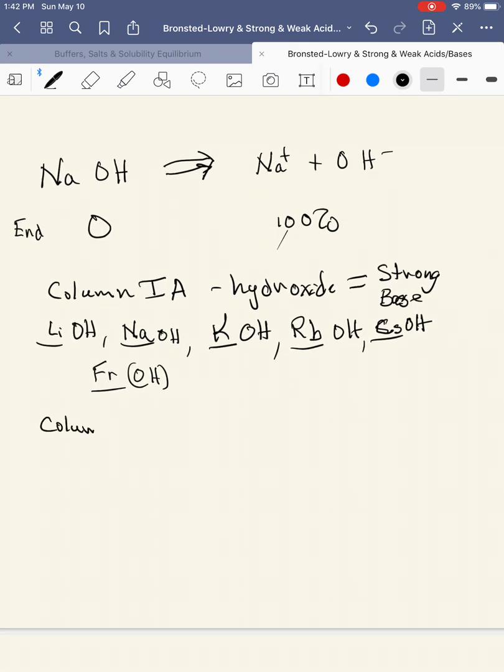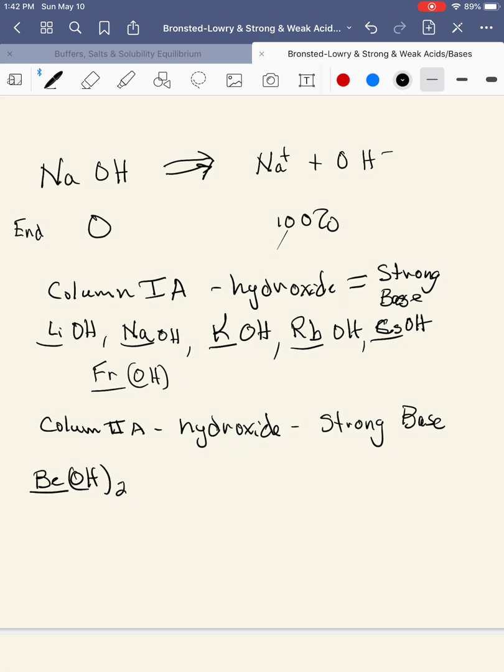Likewise, column 2A hydroxides are strong bases. So, Be(OH)2, beryllium's a column 2A, so that's a strong base. Magnesium, column 2, those would be a strong base. Magnesium hydroxide. Calcium hydroxide, strong base.